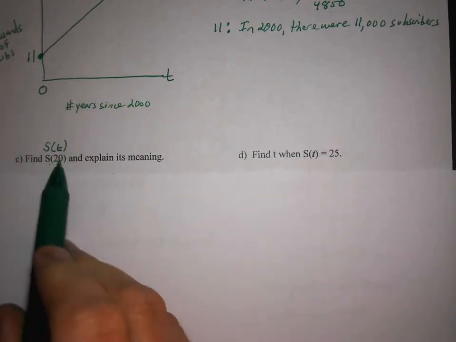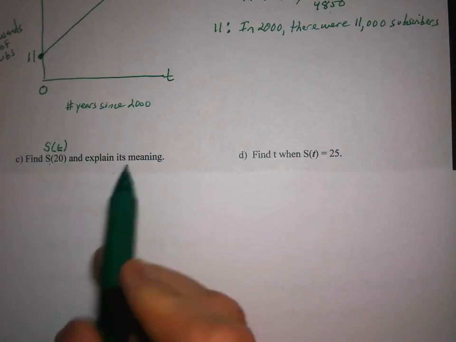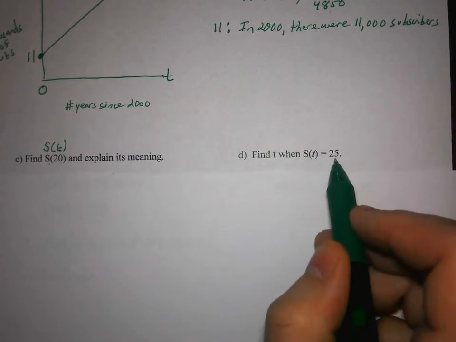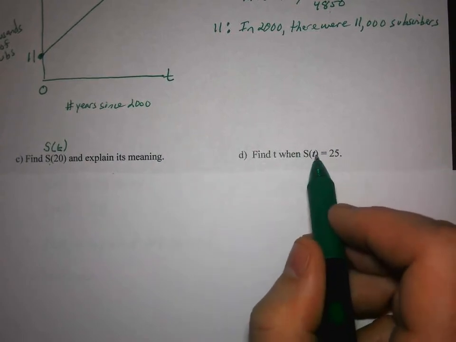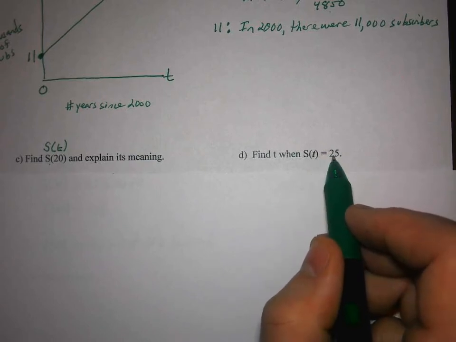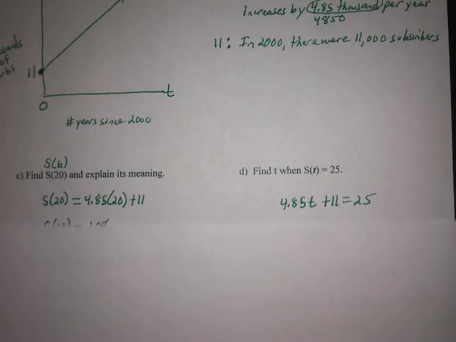So now t is 20. That means 20 years since 2000. So in the year 2020, what is our number of subscribers? That's what we're finding there. And then S of t equals 25. What is the t value? How many years since 2000 do we end up with 25,000 subscribers? So you go through and finish that.